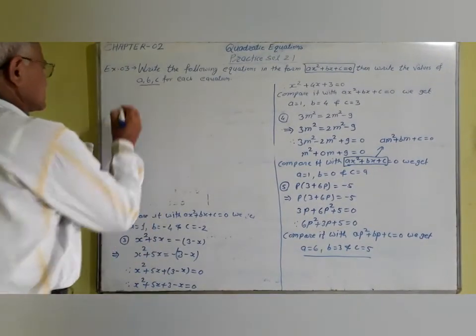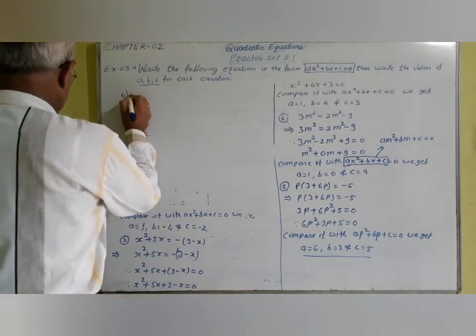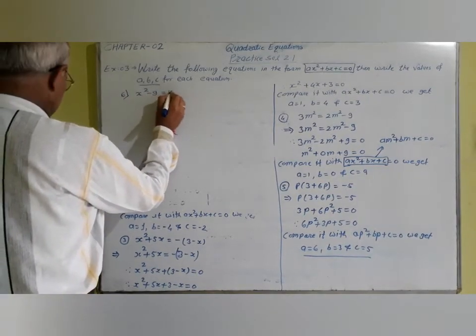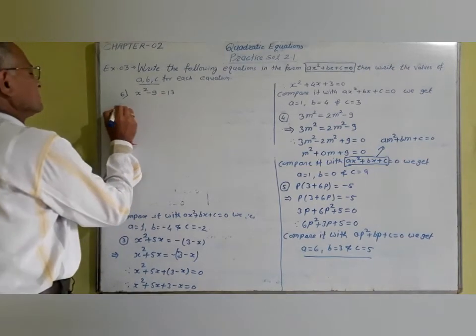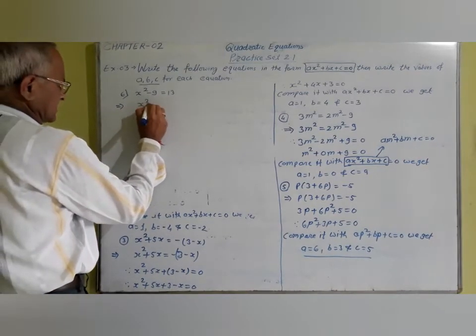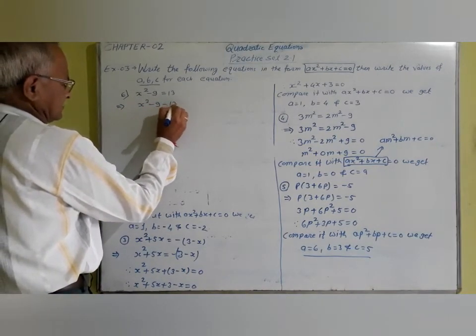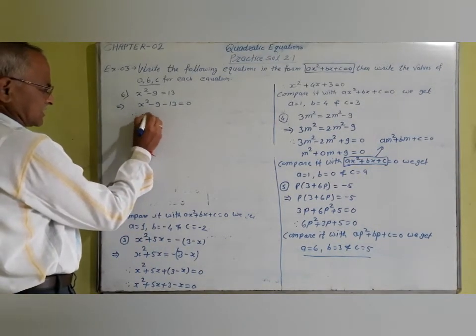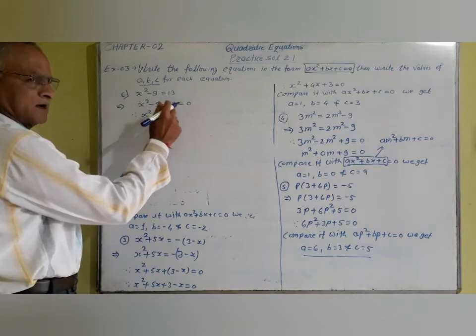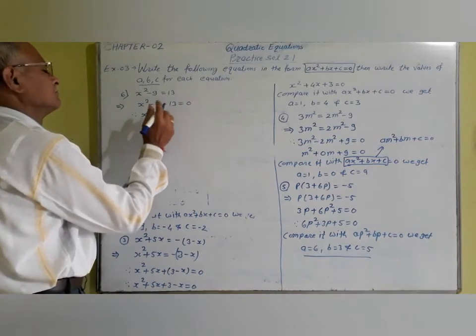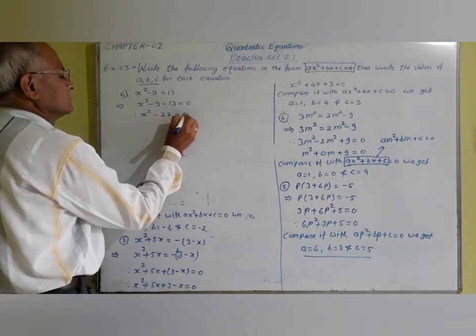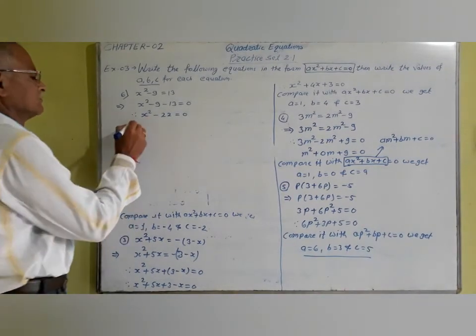Now sixth example, x square minus 9 is equal to 13. First of all, we write the given equation: x square minus 9 minus 13 is equal to 0. Therefore, x square minus 9 minus 13, that is minus 22, is equal to 0. Here the middle term is not given.